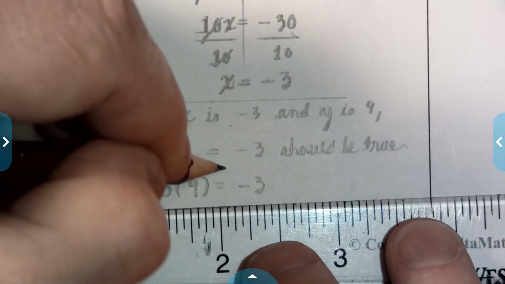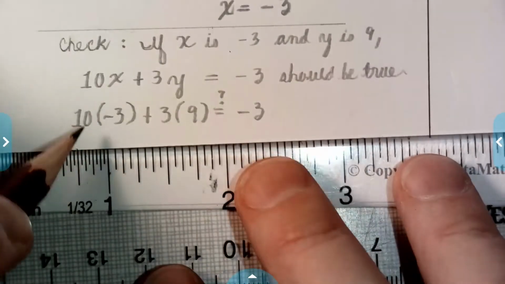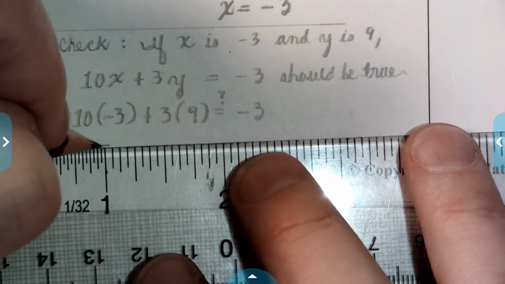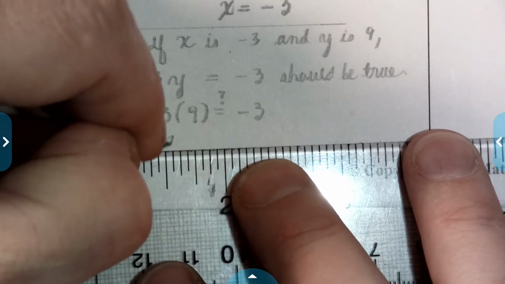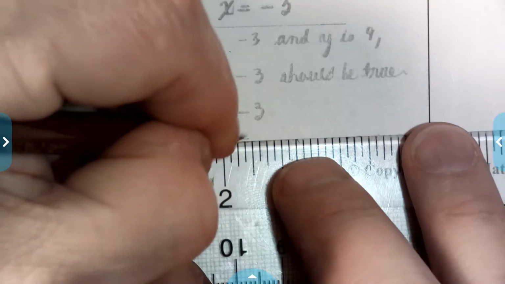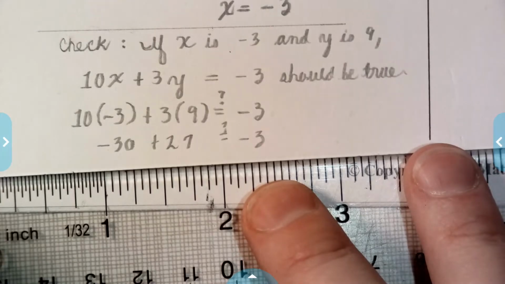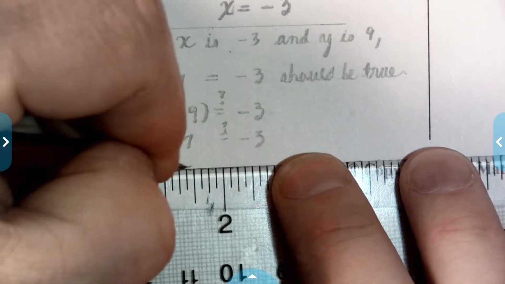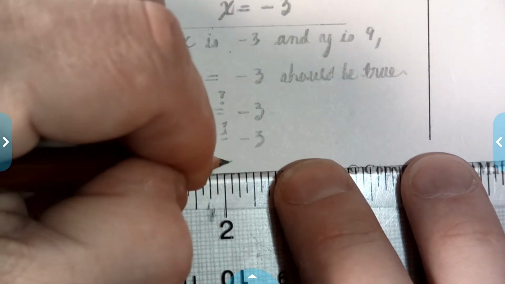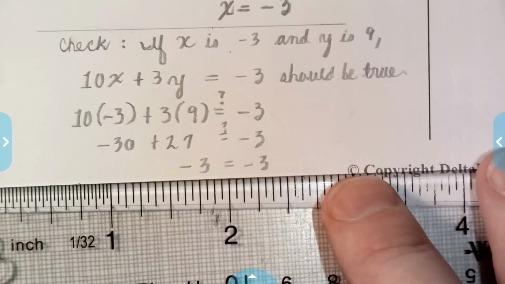Okay, and that's sort of a question, right? Is it? Okay, so 10 times negative 3, that's negative 30. And then 3 times 9 is 27, so negative 30 plus 27. Does negative 30 plus 27 equal negative 3? Again, question mark. Well, negative 30 plus 27 is negative 3. So negative 3 equals negative 3 by, what was that property called?